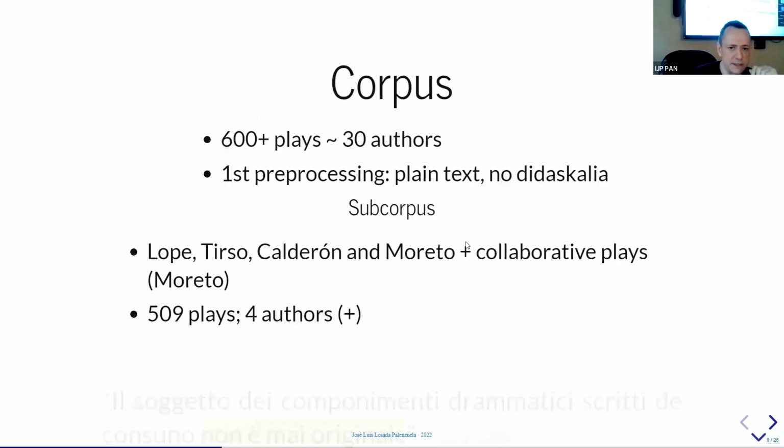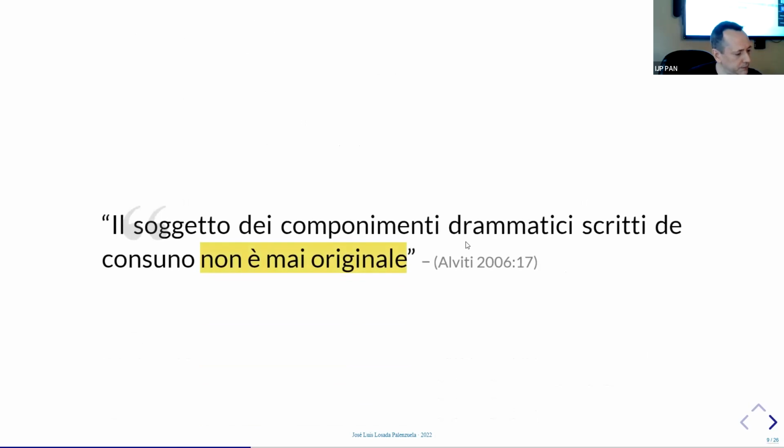What is the reason for this subcorpus? The reason is that collaborative dramas, with two or more authors writing a play, could represent a good workbench, as the subject matter of a jointly written play is rarely original. It is normally a recasting, a reworking of older plays, adapting them to new audiences or new contexts, for example, to the court.